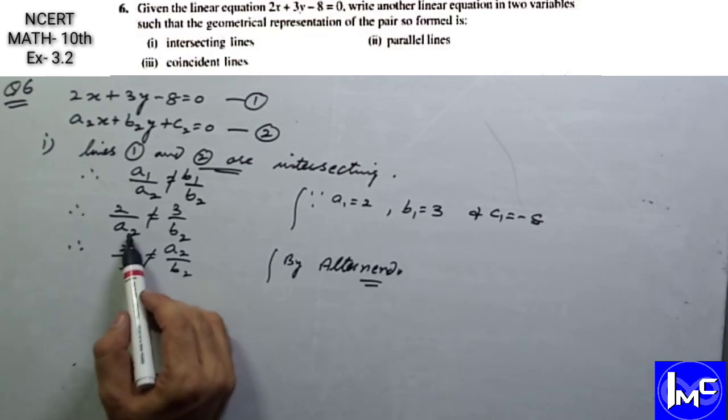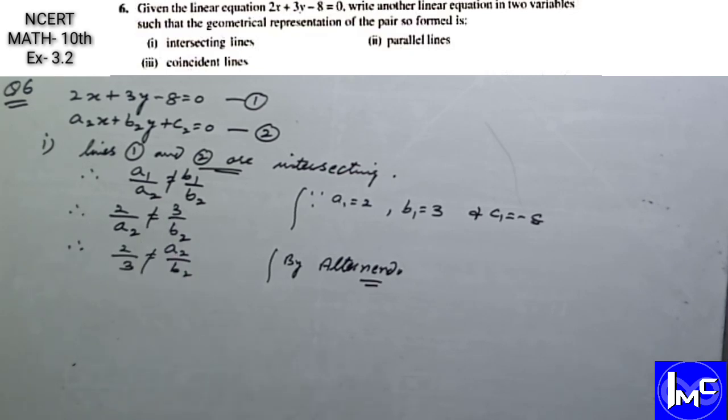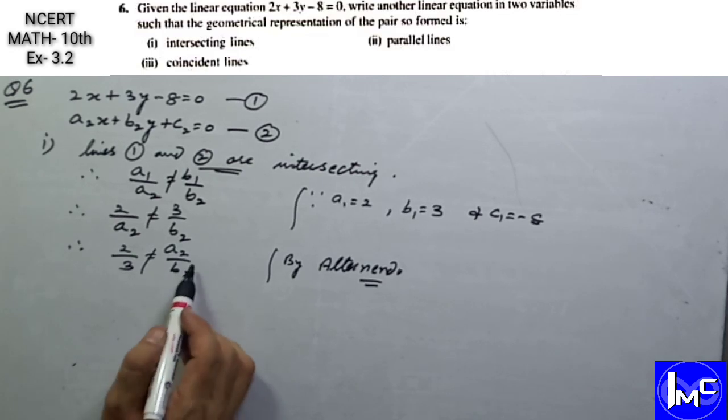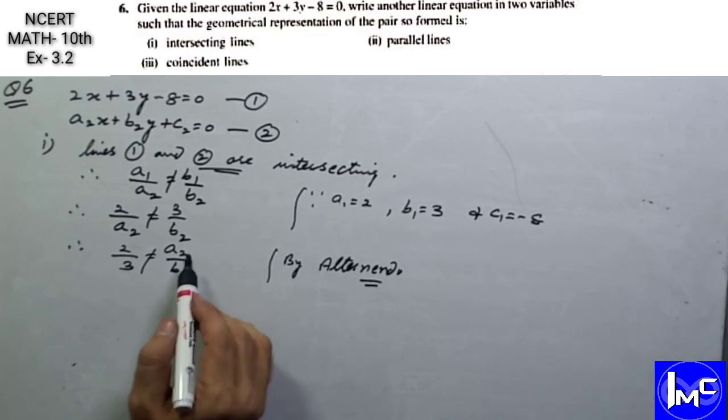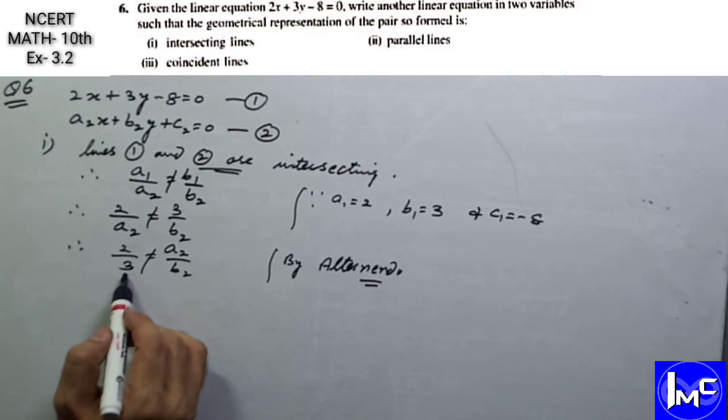We know that by alternendo these are interchanged. Now we will substitute the values of a2 and b2. We will assume the values of a2 and b2 such that this should not be equal to 2 by 3.